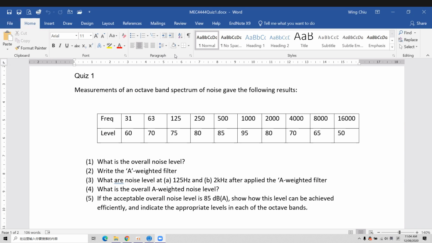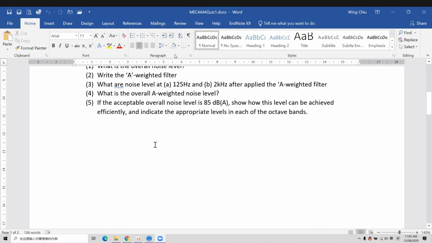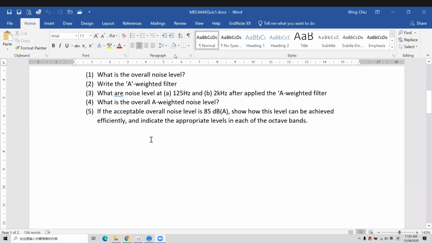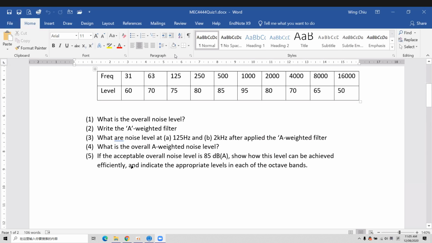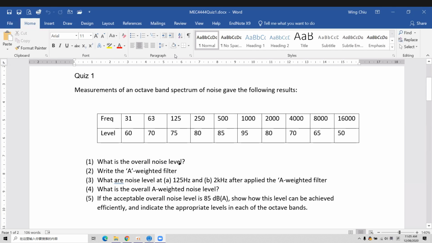Yes. This is the question that I need you all to attempt, and this is the description of the question. Please enter your solution in the multiple choice on Moodle, and then you will get marked automatically.